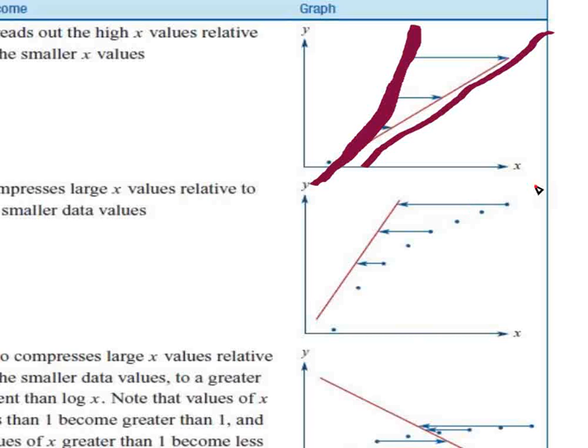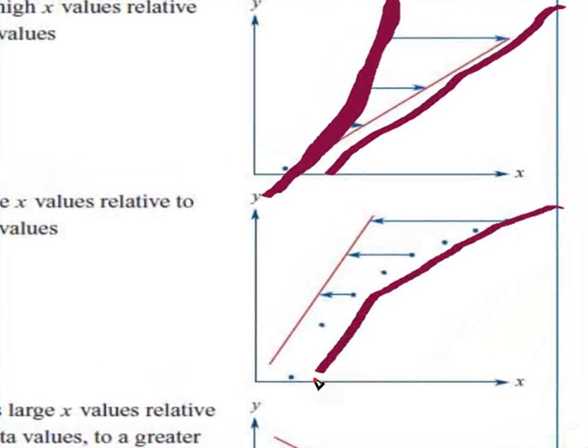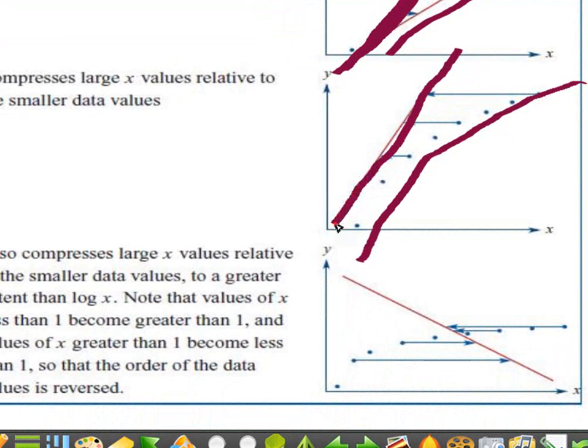Okay? If your graph looks something like this, like a curve, your log x transformation moves the points towards this straight line here. And if you happen to get a graph like this, what ends up happening is your points move that way when you do the reciprocal.